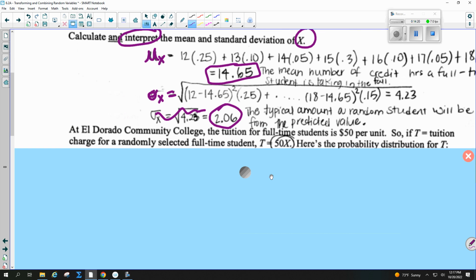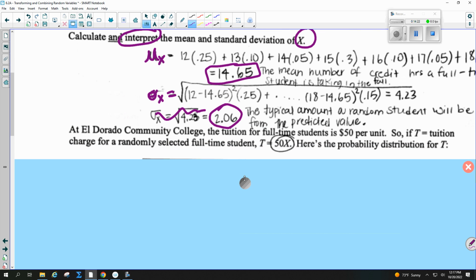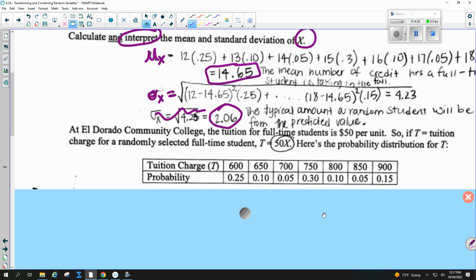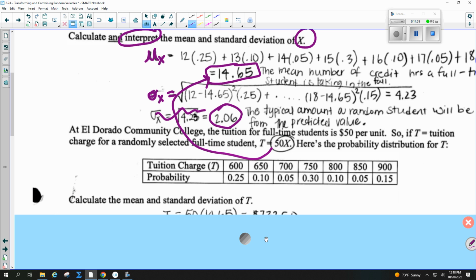All right, now full-time tuition is $50 per credit. This is cheap tuition, this has gone up quite a bit. So they do a new table. Please do not redo all the work. All I need to do is take my previous mean, because X is the number of credit hours and it is $50 per credit hour, and I just need to multiply.